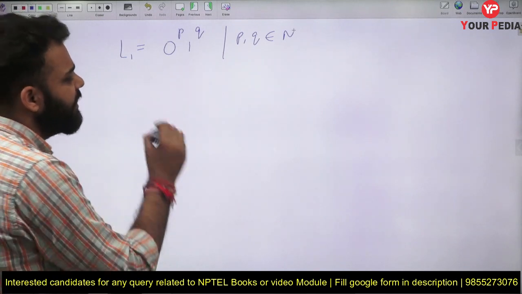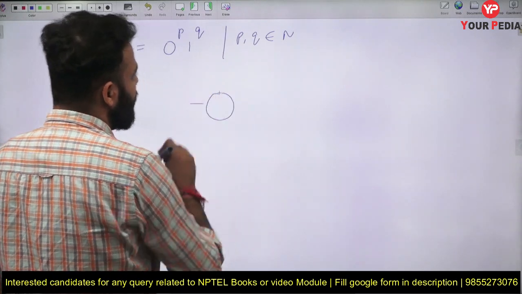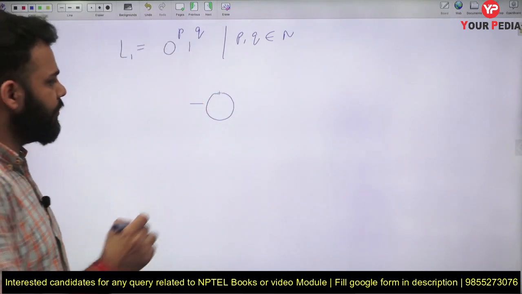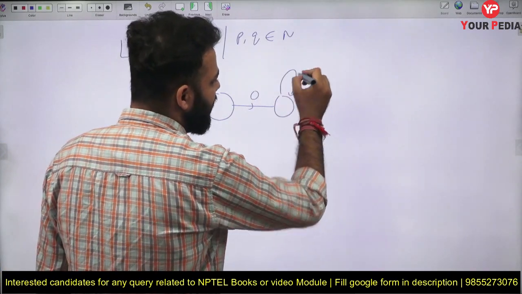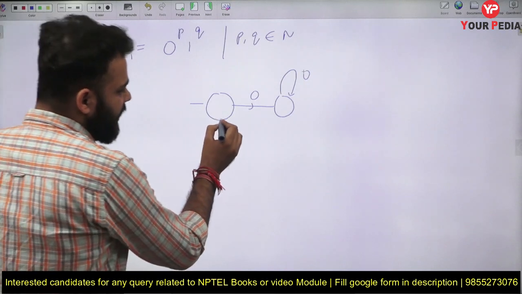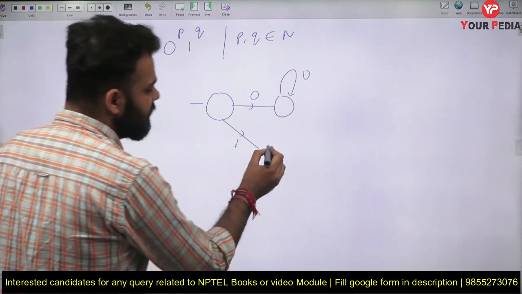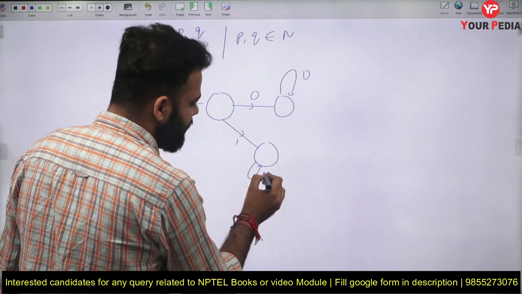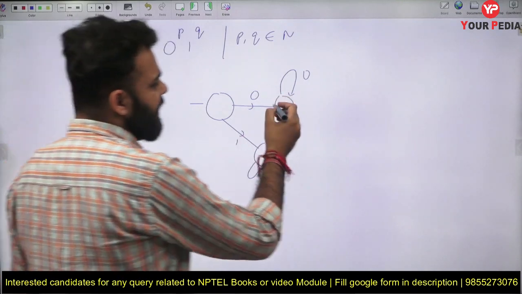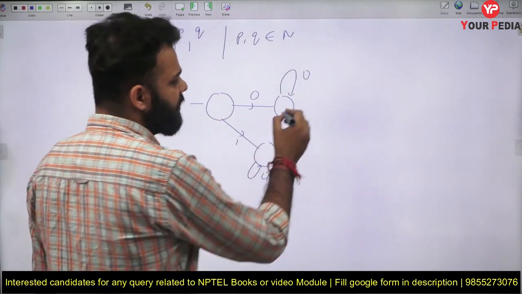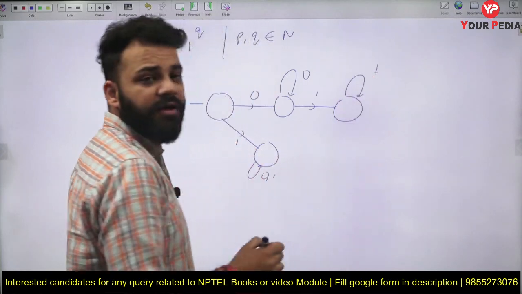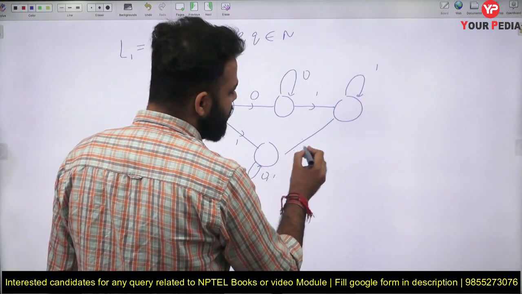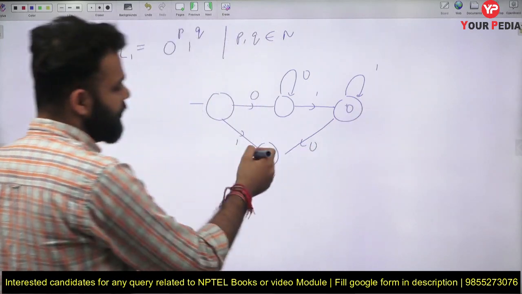So there is a simple DFA for it. First you have to accept zeros. For the first 0, accept it. After that you can take any number of zeros. If 1 comes in the starting, move it to trap state. Now after the zeros are completed, on the first 1 you move to the next state, and at that state you can have any number of ones, but you cannot have 0 as your input.